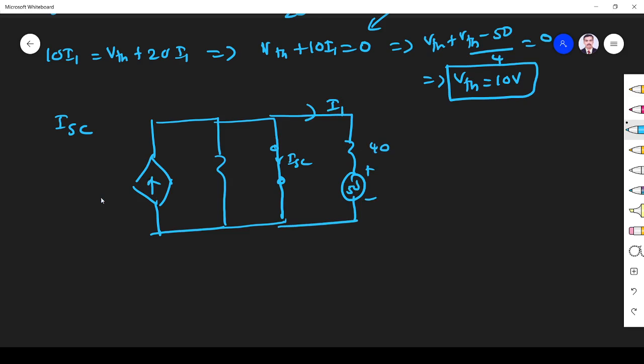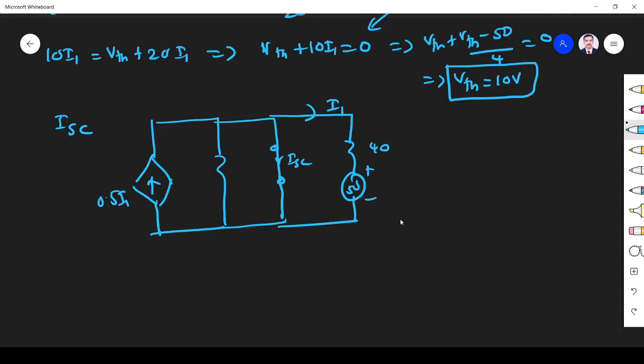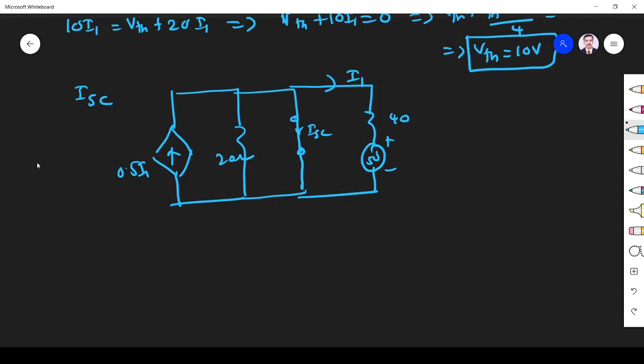This is 0.5 I1. This is 20 ohm. So ISC is the current flowing through this short.